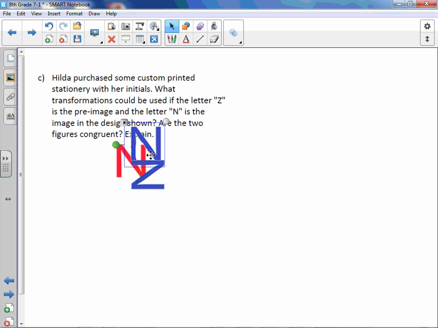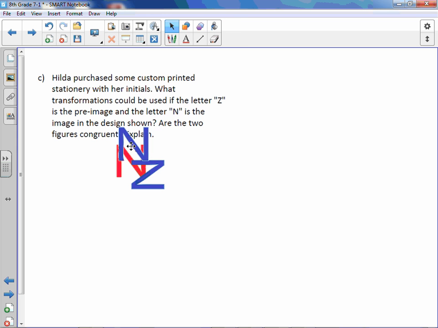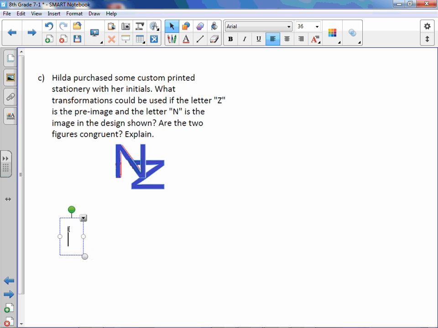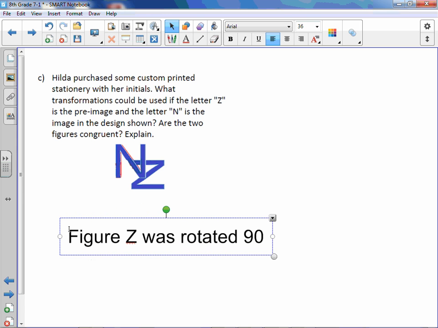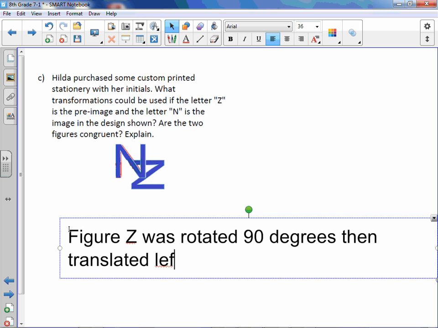There we go. And then we translate left and down, and it matches up perfectly. So let's write that out. Figure Z was rotated 90 degrees, then translated left and down. And yes, they are congruent.